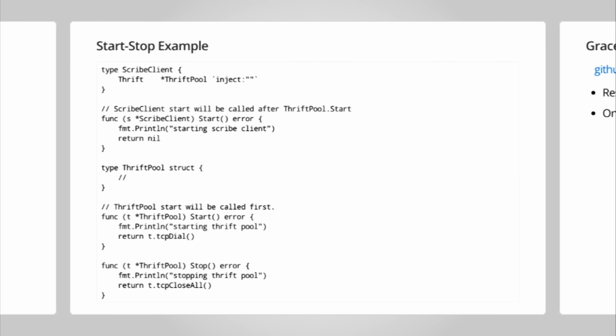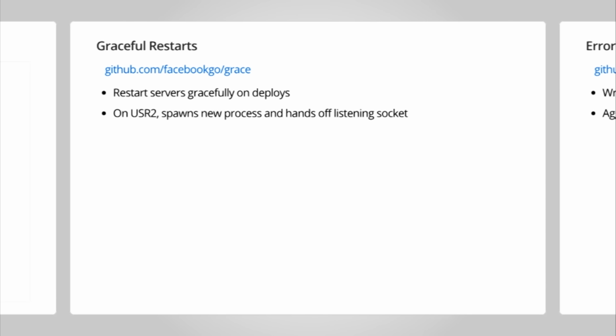It calls start if it is present on thrift pool, and then it calls start if it is present on scribe client. During stop, it does it in sort of a reverse order, where scribe client is stopped before stopping thrift pool. This has again helped us write tests quickly, write bug-free startup logic.